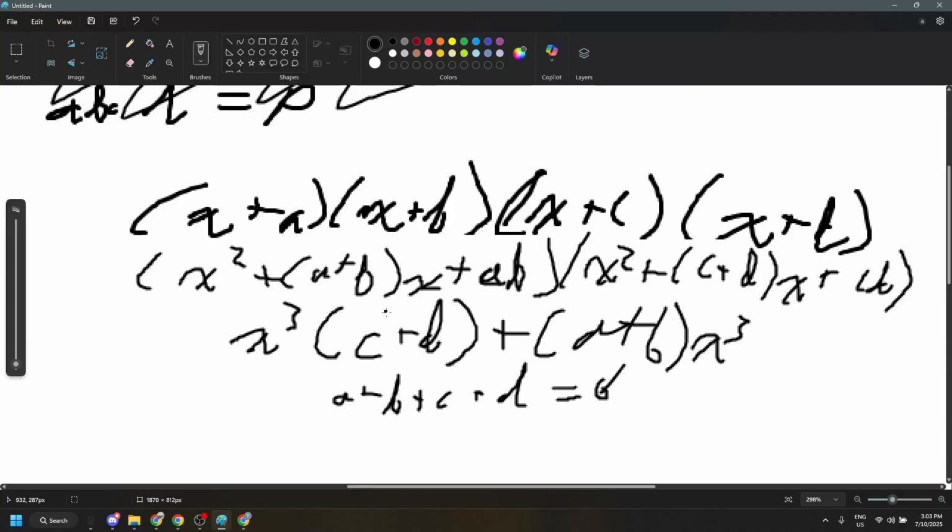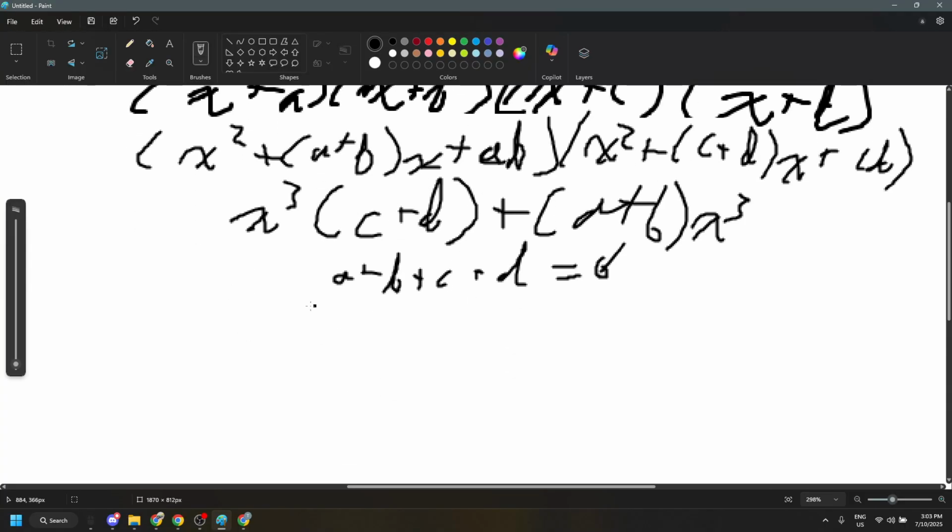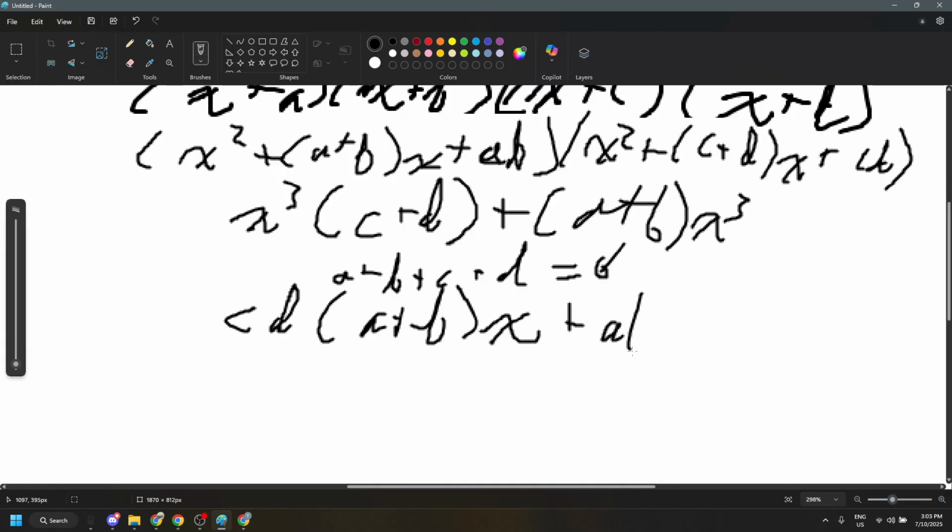And then let's find all of the linear terms. So we have x squared, there's nothing. So there's cd times (a plus b)x, then plus ab times (c plus d)x.